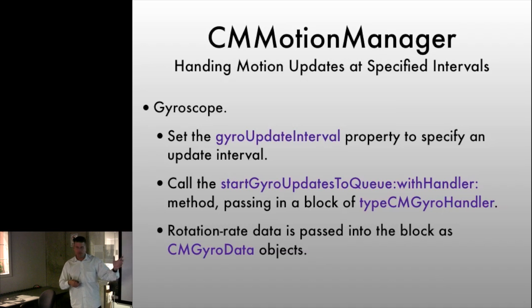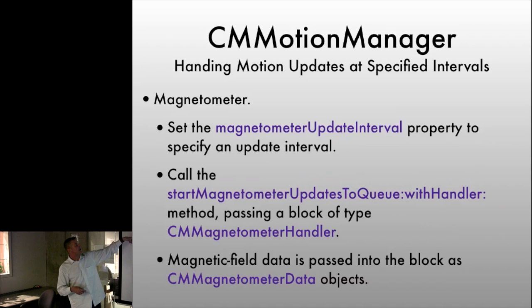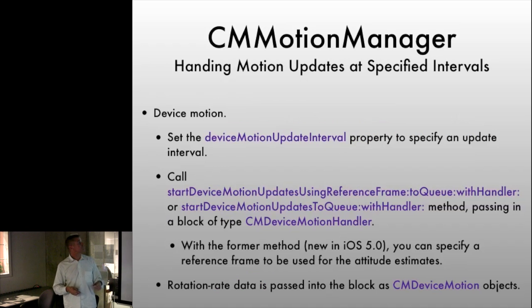Rotation data comes in from the gyro handler, and that's passed into your block in gyro data objects. The magnetometer follows the exact same pattern. Update interval, updates, you pass it the queue and the block handler, and you get magnetometer data objects into your handler block.